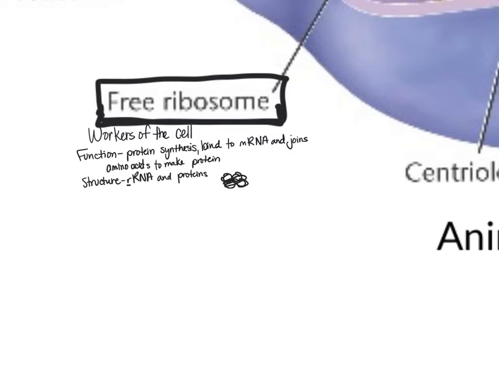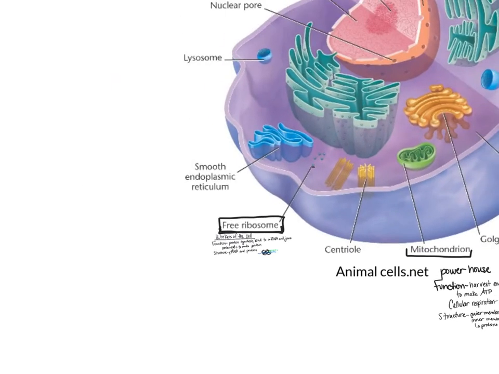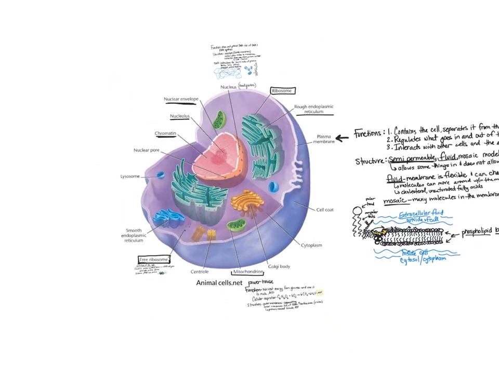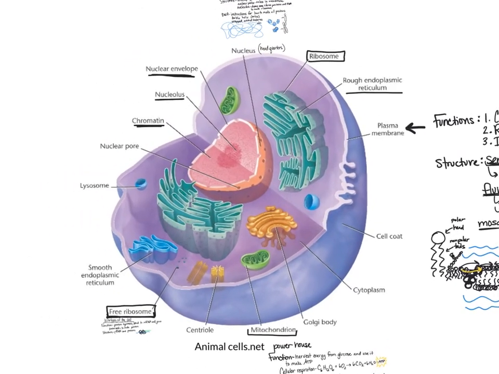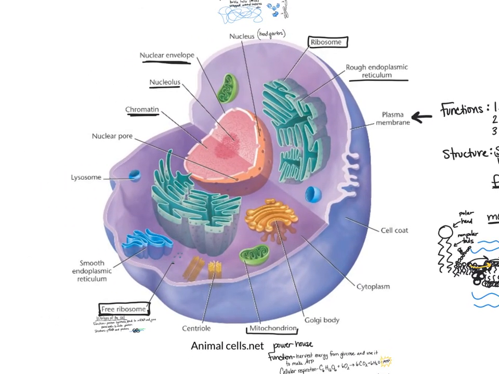Then our mRNA comes along and brings our individual amino acids together through a process that we'll talk about when we discuss our cellular processes. So our ribosomes, again, are the workers of the cell. They are the ones that make proteins in the cell. And remember, proteins are extremely important. They do so many things in the body. Most of the things in our body are proteins, and that's because they do so much. We talked about those functions.